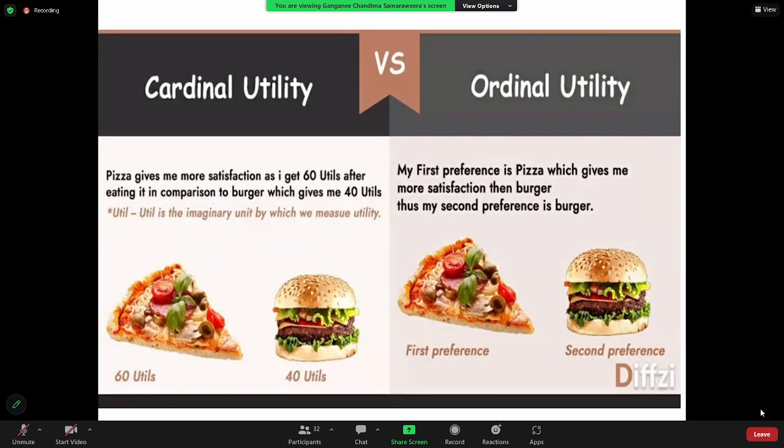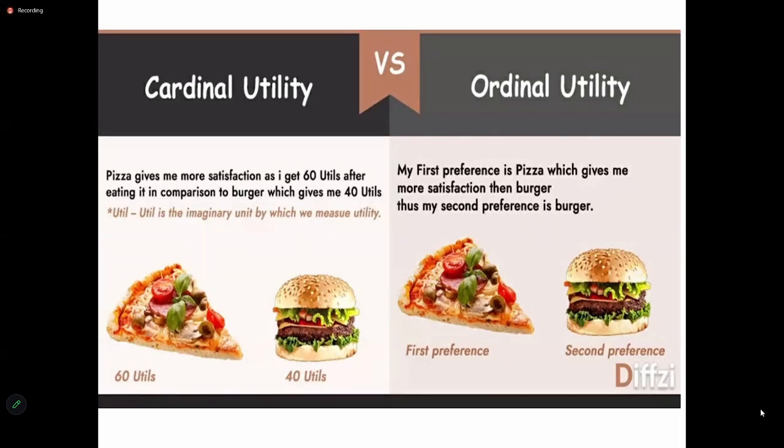Anyway, we have to give some number as a measurement. So pizza gives 60 utils, and one person will say burger gives 40 utils. But another person will say, no, pizza gives me only 10 utils, but burger gives me 100 utils. So it depends. That's why I told you, person to person, it may differ.